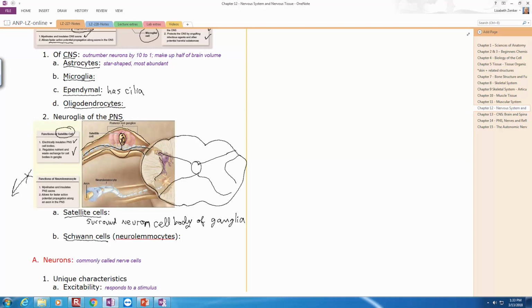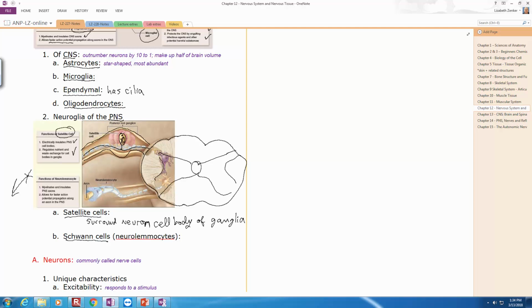Lemma. Sarcolemma? What was a sarcolemma? That was the cell membrane around the muscle cell, right? The plasma membrane, okay? So neurolemmacyte, just like sarcolemma, cyte means cell, neurolemma means plasma membrane of the nervous tissue.